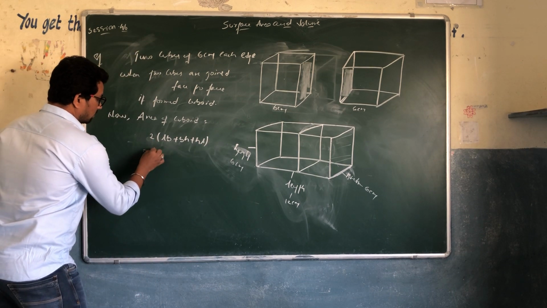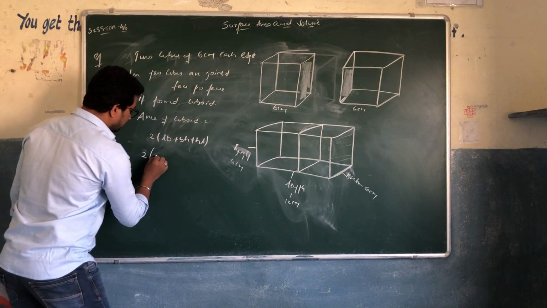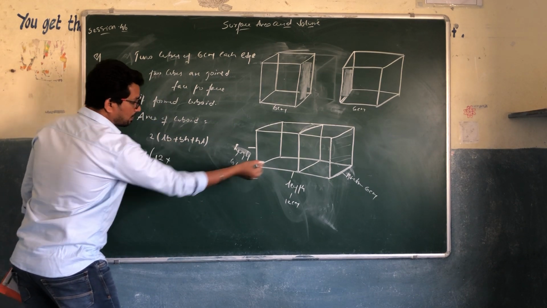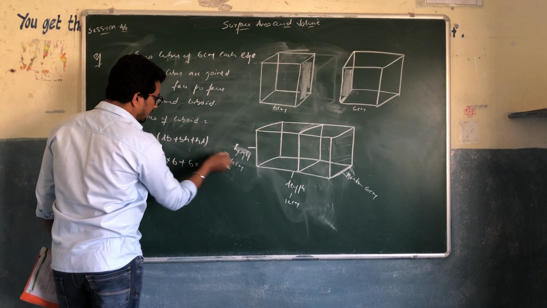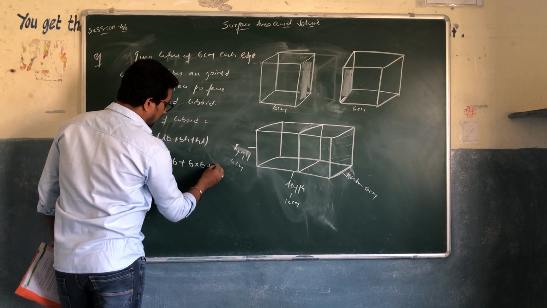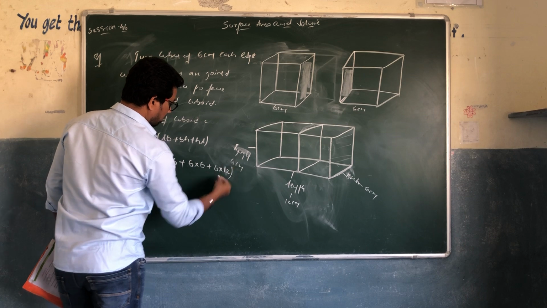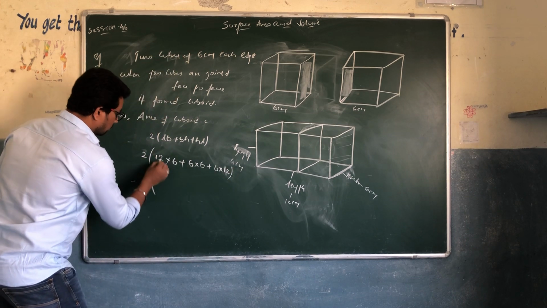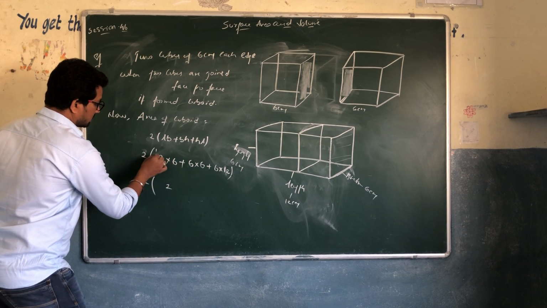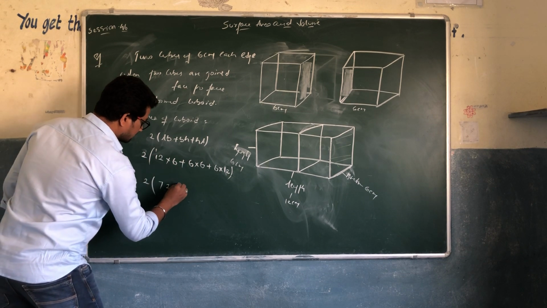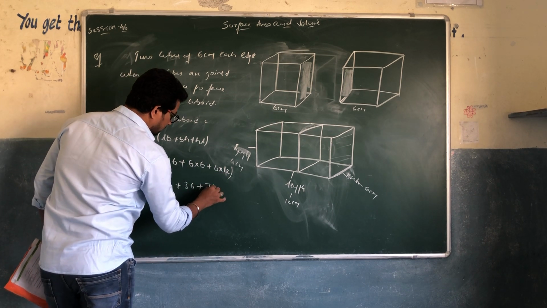Now 2 into, what is length? 12 centimeters. 12 into, what is breadth? 6 centimeters, plus breadth 6 centimeters into height 6 centimeters, plus height 6 centimeters into length 12 centimeters. So 2 into (12 into 6, 6 2s are 12, 72, plus 6 6s are 36, plus 6 12s again 72).